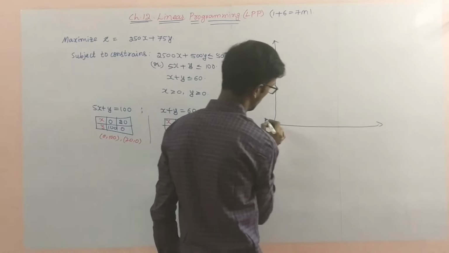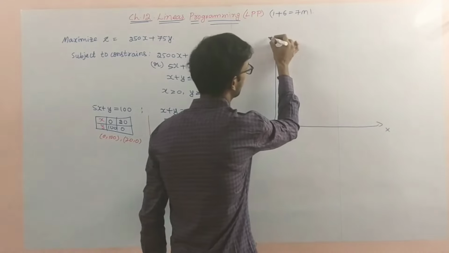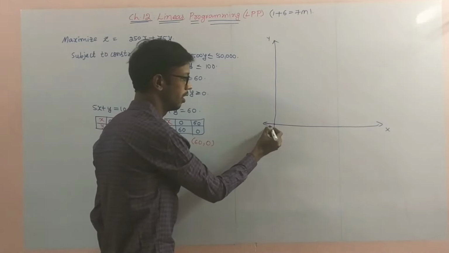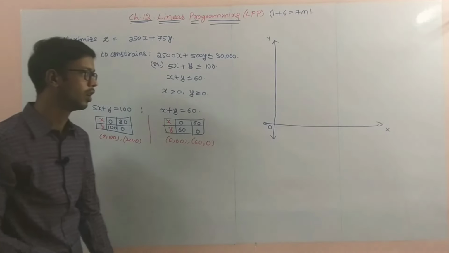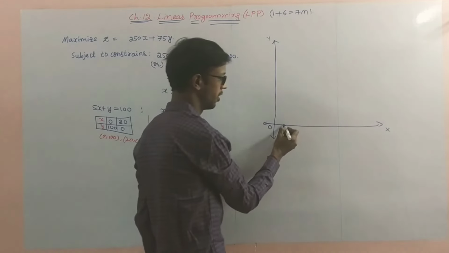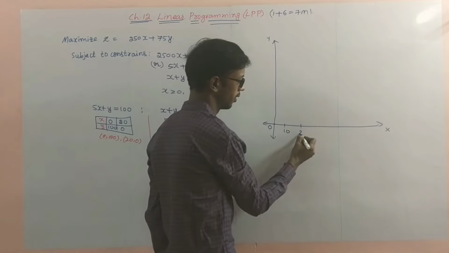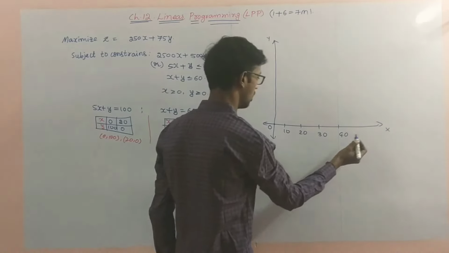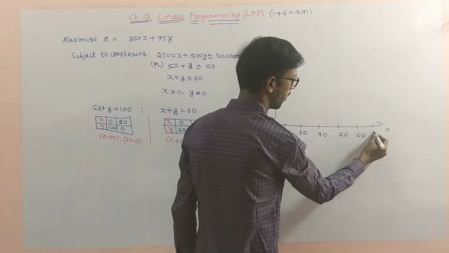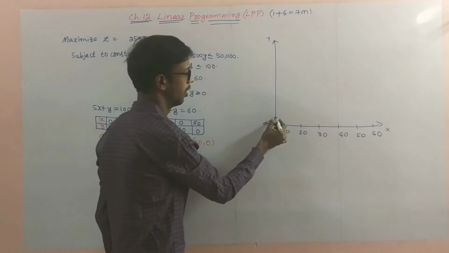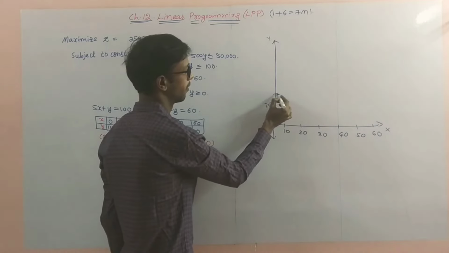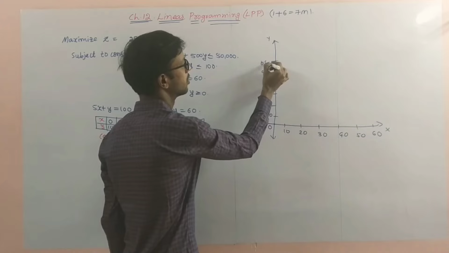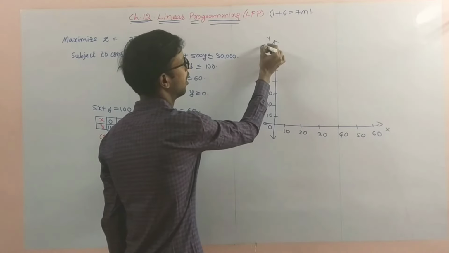Y-axis, x-axis. This is the 0. I am taking 10 as 1 unit: 10, 20, 30, 40, 50 and 60, and so on, on both axes, and up to 100.